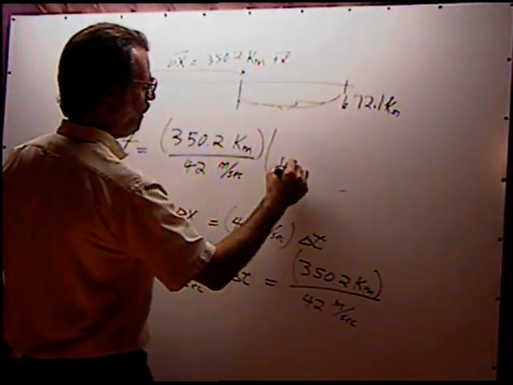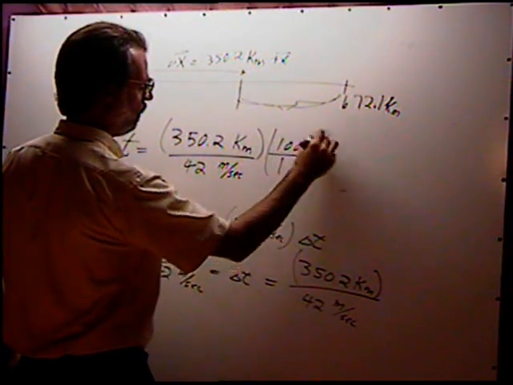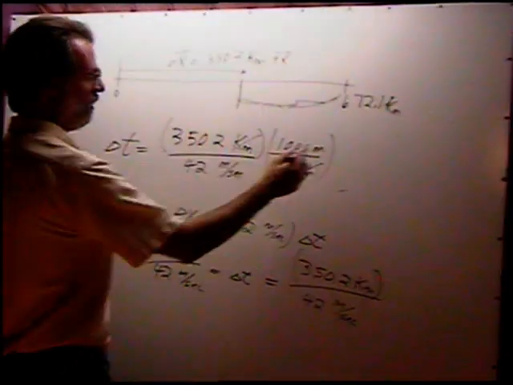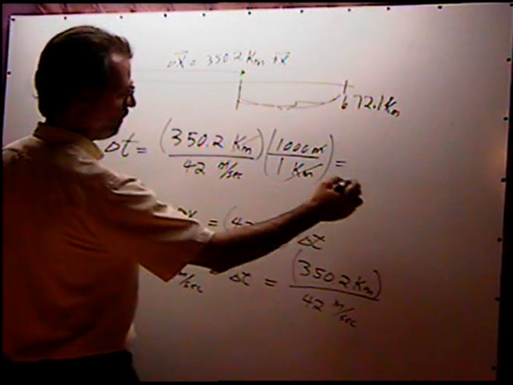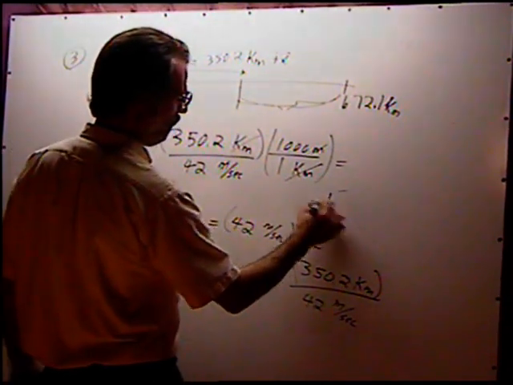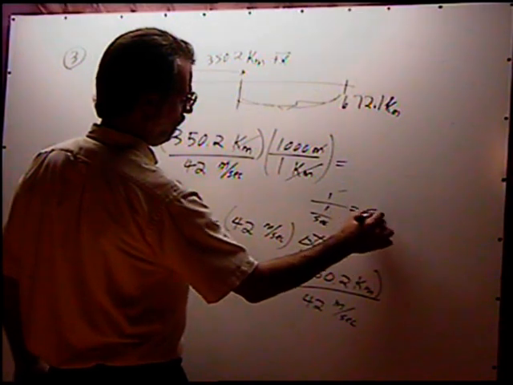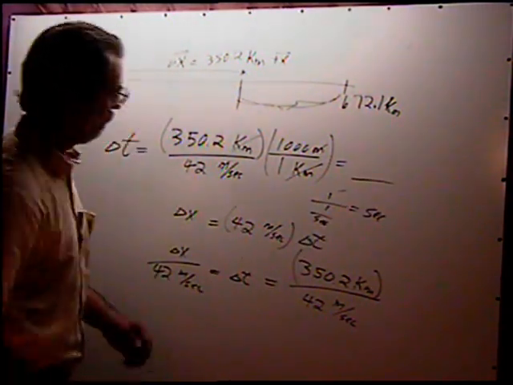We know that 1 kilometer is equal to 1,000 meters. Notice the kilometers cancel out. And notice also that this meter will cancel out with this meter, which is giving us units of 1 over 1 over seconds, which is the same thing as seconds. So we will have the answer.